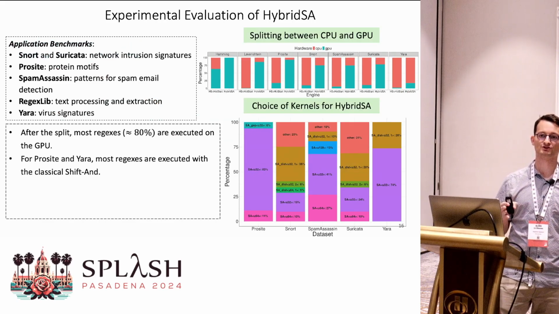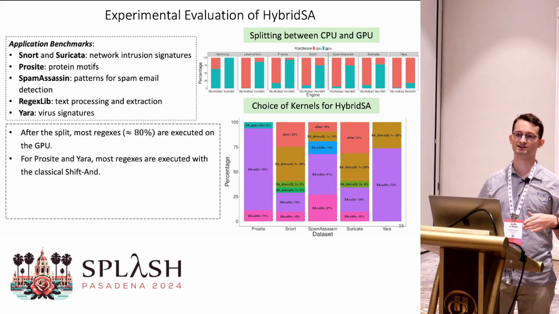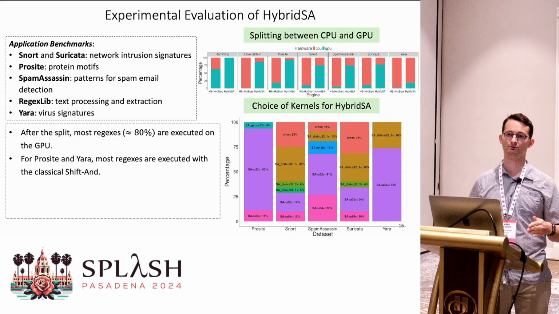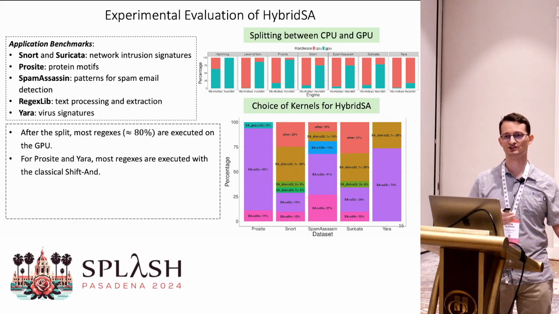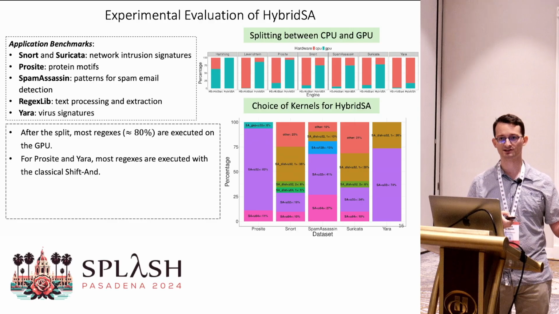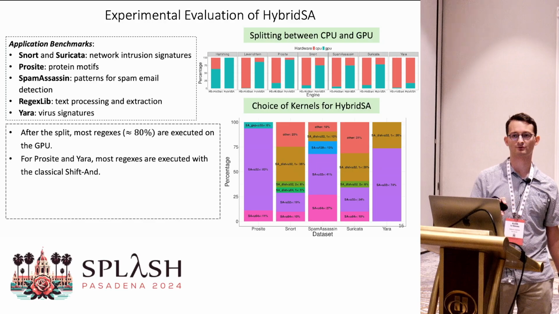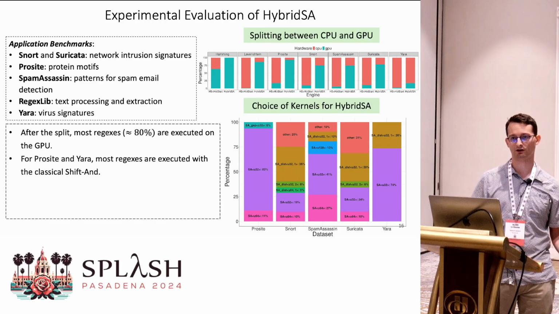Basically the register size is analogous to the size of the regex, because if you have less than 128 states, for instance, we need a register size of 128 or something like this. Here we limit ourselves to 256 because we noticed that after this, the throughput is so low that it's not worth it to use it on the GPU. So those regular expressions that are too large are going to be executed on the CPU.